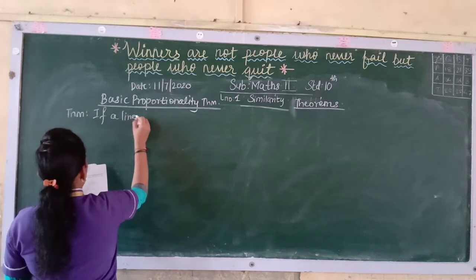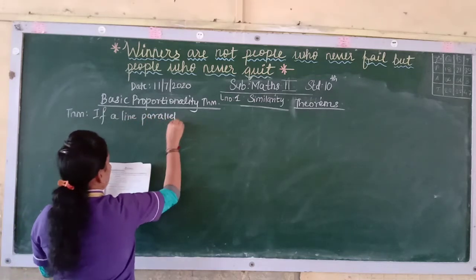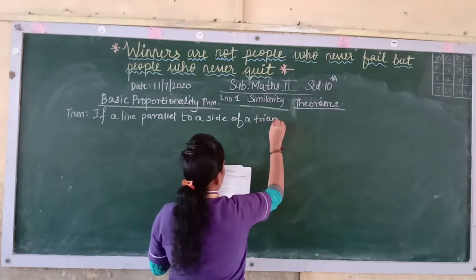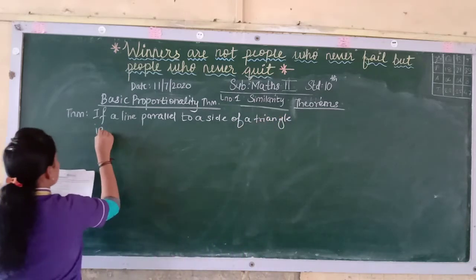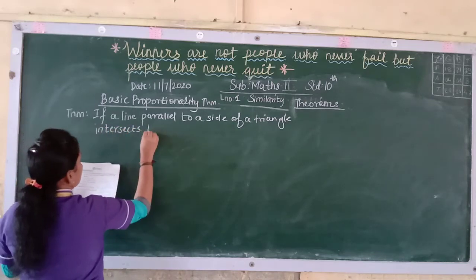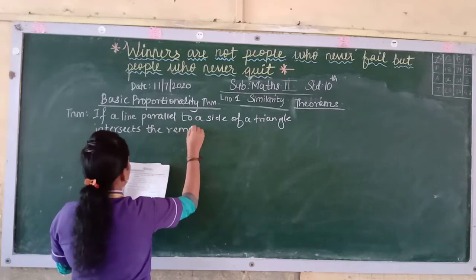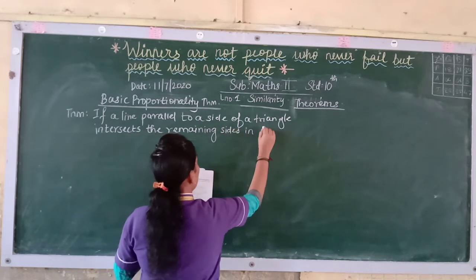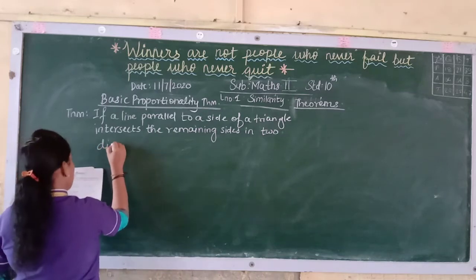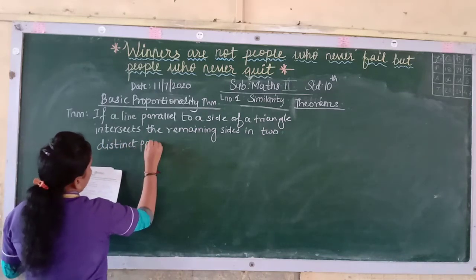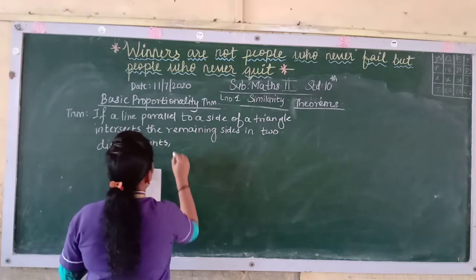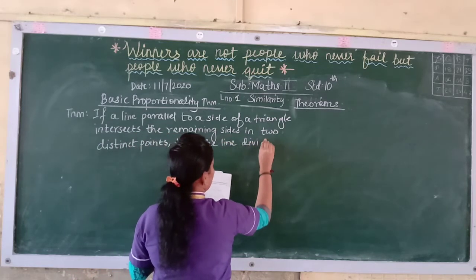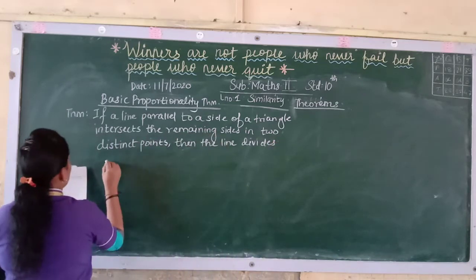If a line parallel to a side of a triangle intersects the remaining sides in distinct points, then the line divides the sides in the same proportion.